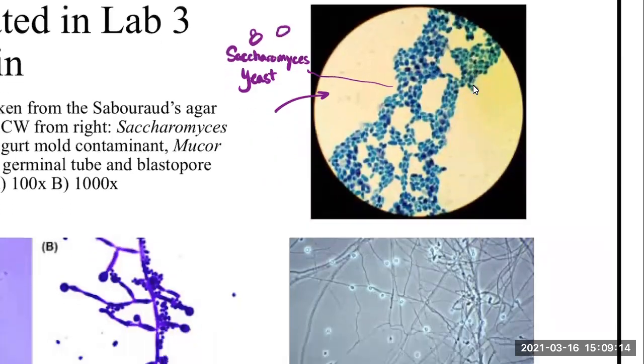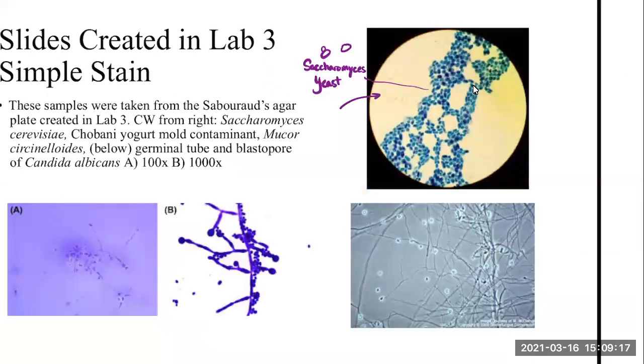Then we can take a look at this sample. In fact, this is a mold. It has structures that are very specific, and it has these hyphae that are specific for molds and fungi. It also has these structures that are the blastospores.